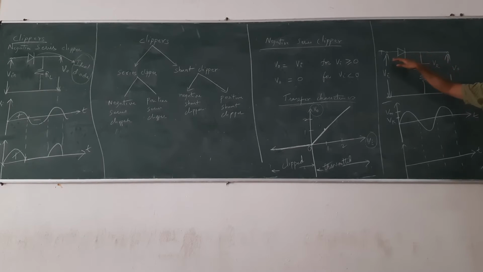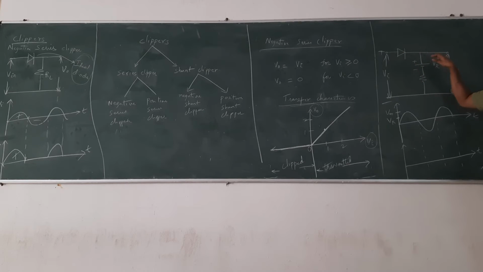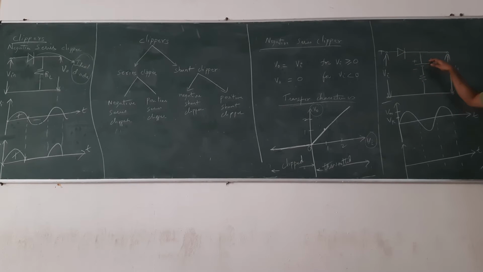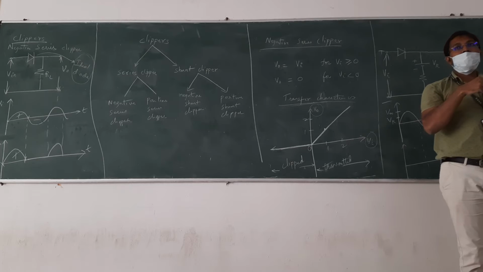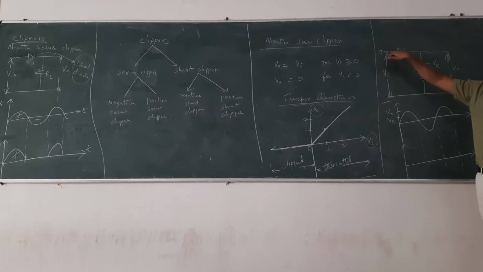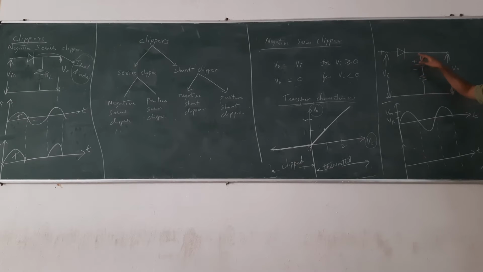So when Vi becomes greater than VR, the diode will become on. On means direct connection between this point and this point, switch on. So as long as Vi is greater than or equal to VR, what will V naught be? Anybody?